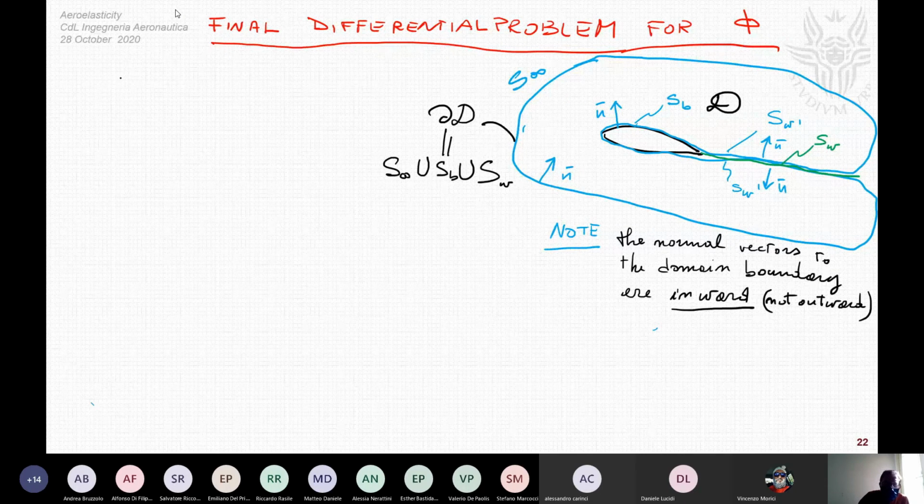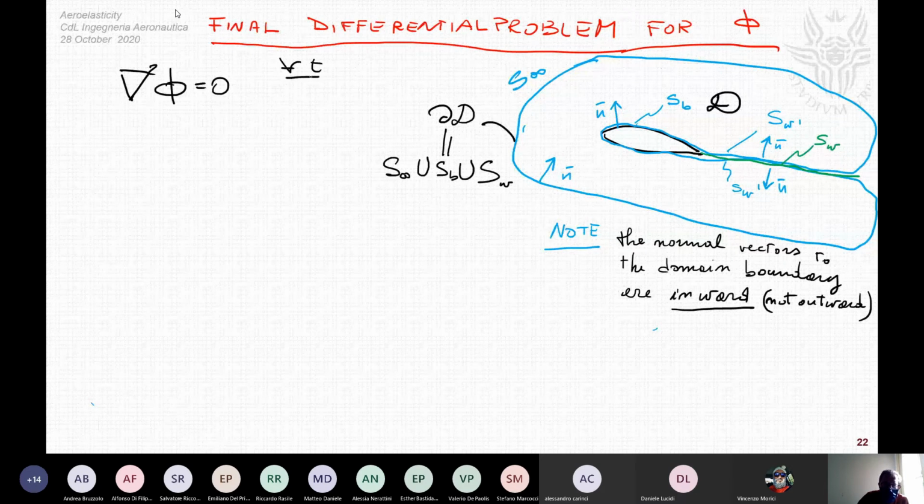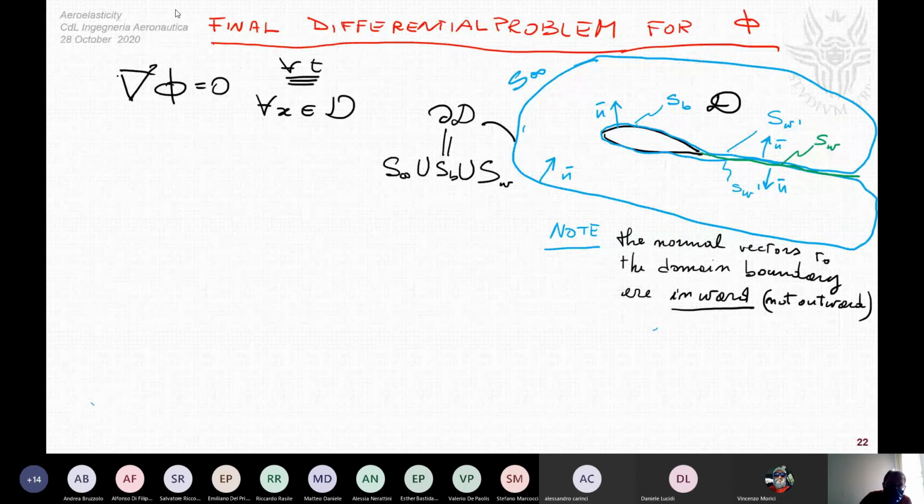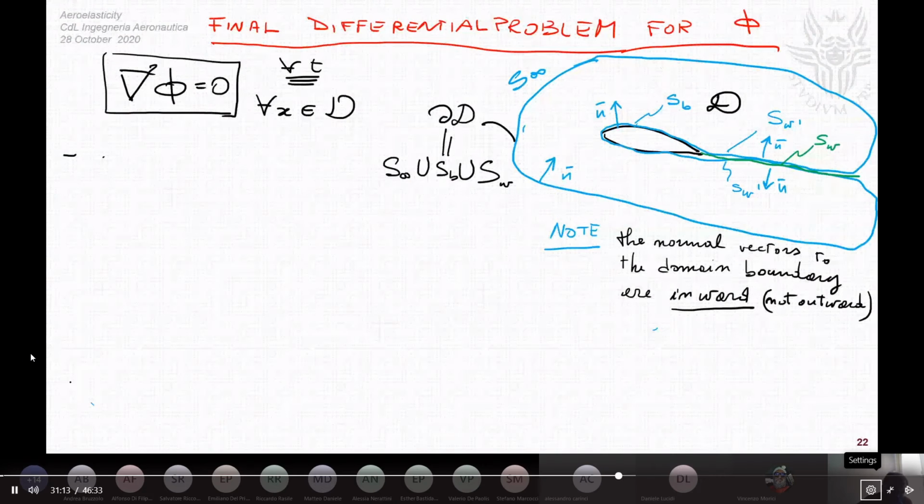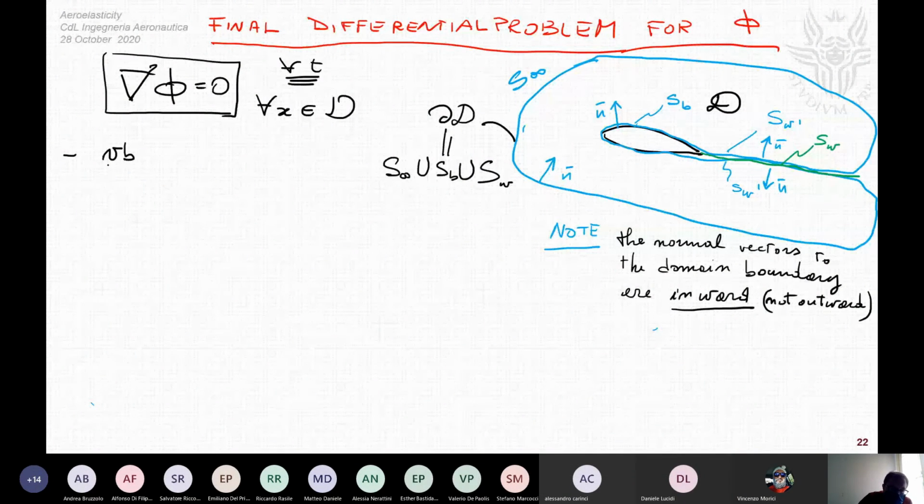The differential problem is the following. We have Laplacian of phi equal to 0 at any time, unsteady flow, at any time and at any point x belonging to D. This is the differential equation, and the boundary conditions are V body dot n, body side, is equal to V fluid, but the fluid velocity is the gradient of phi.